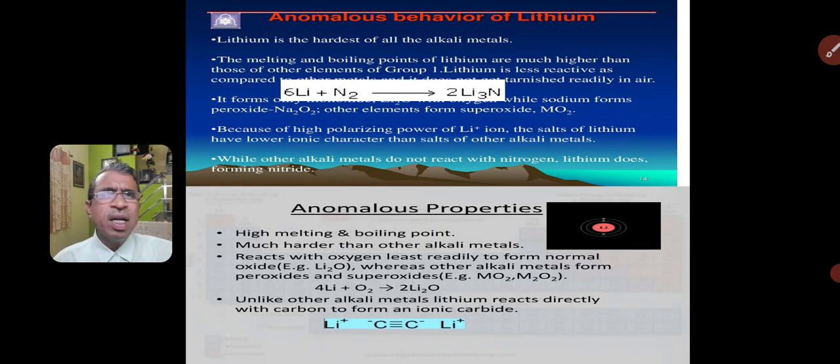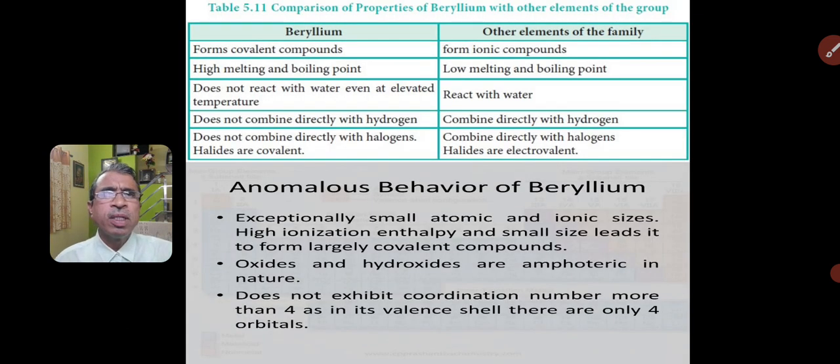This slide once again shows anomalous behaviors of lithium, as we have already discussed. This is also the anomalous behavior of beryllium. Beryllium forms covalent compounds whereas the other elements form ionic compounds. Beryllium has high melting and boiling points.